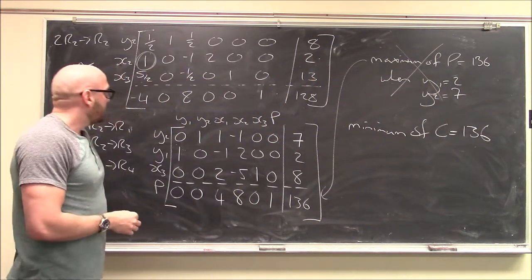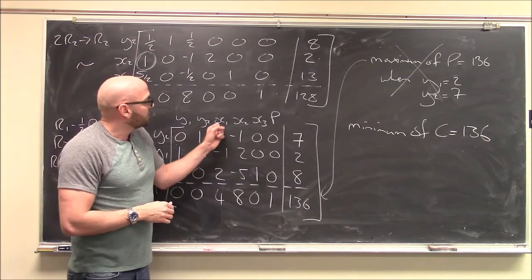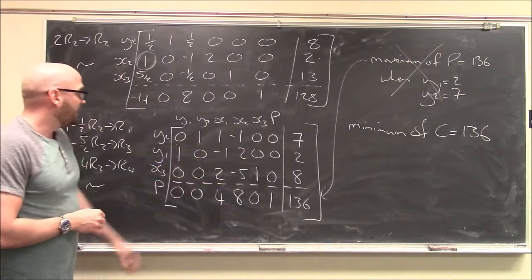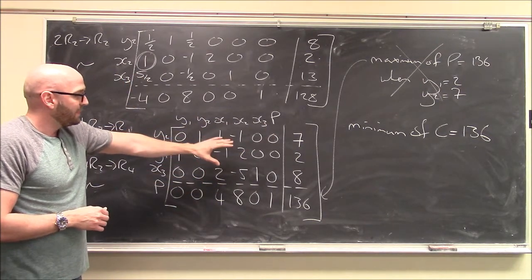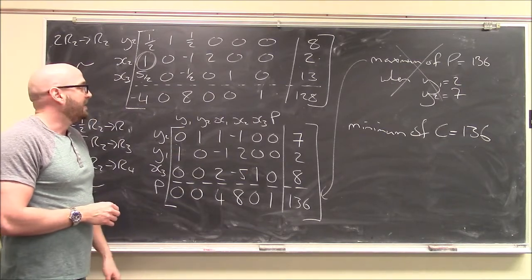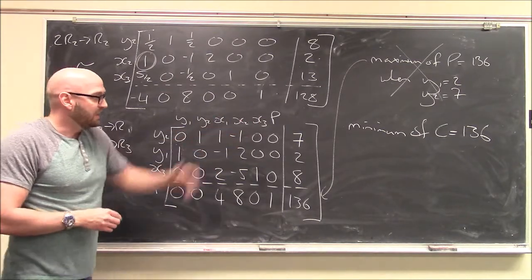And the really cool thing about this, and this is why I didn't call my slack variables S1, S2, and S3, I called them X1, X2, and X3, is because this matrix here, this table, actually tells me what values for X1, X2, and X3 give me this minimum.